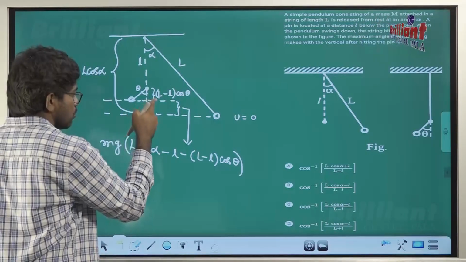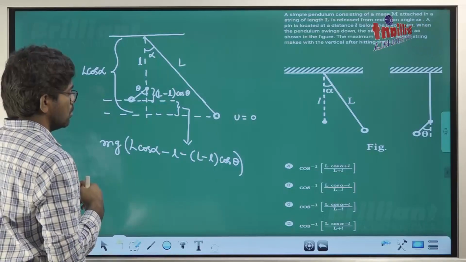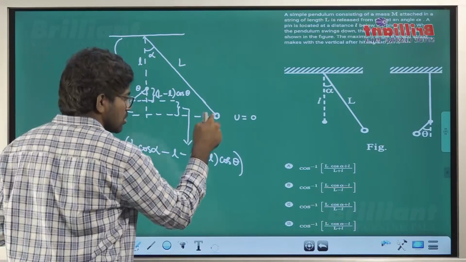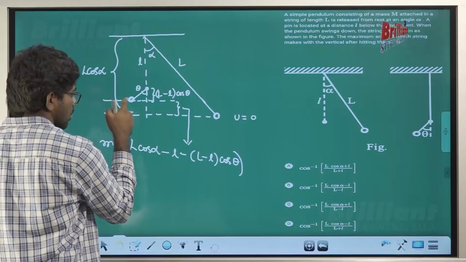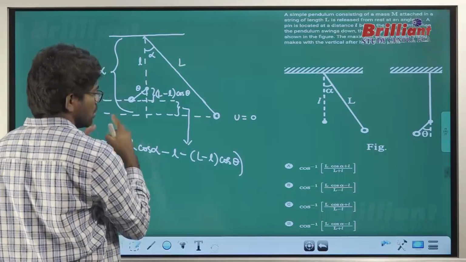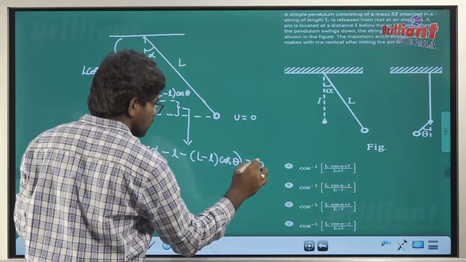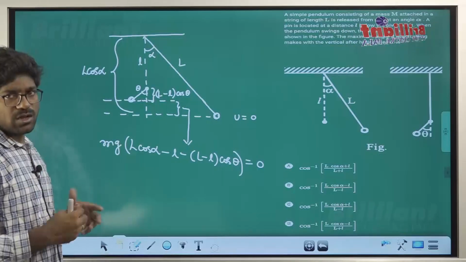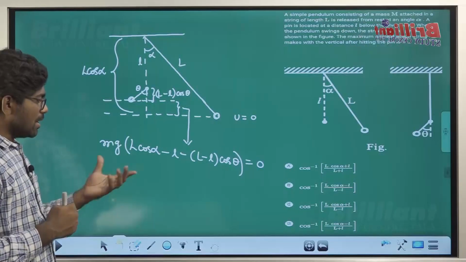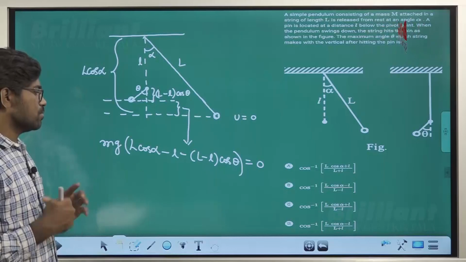Potential energy at this point equals potential energy at this point, because the kinetic energy here is 0 and here is also 0. Here the potential energy we are assuming as 0, and here also it should become 0. Yes or no?